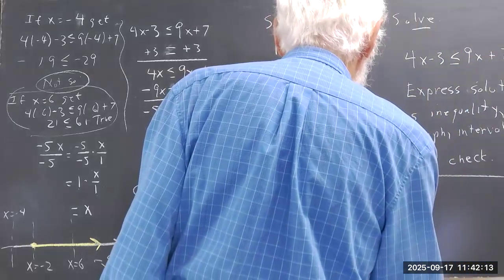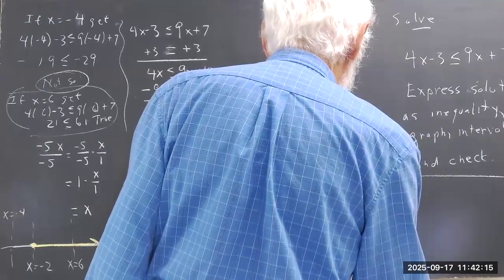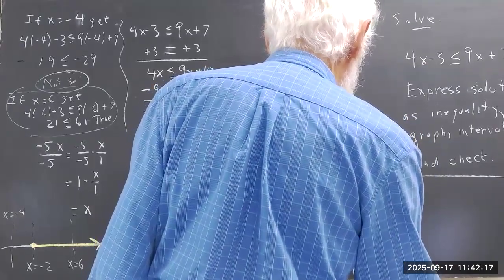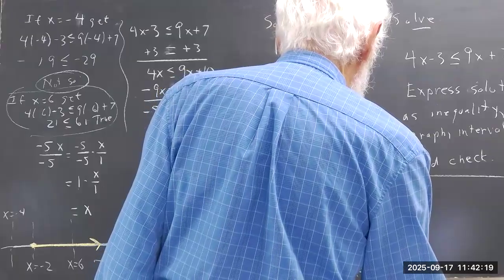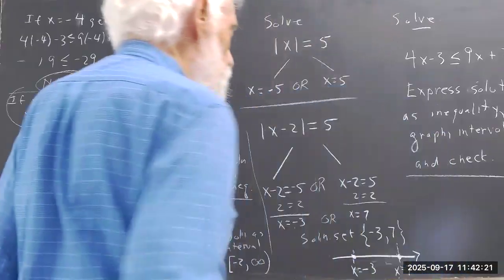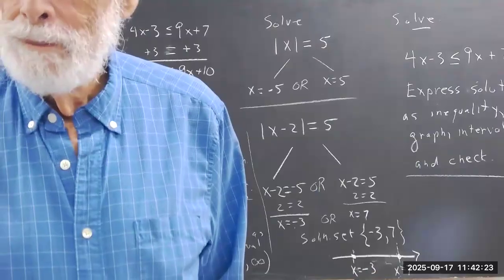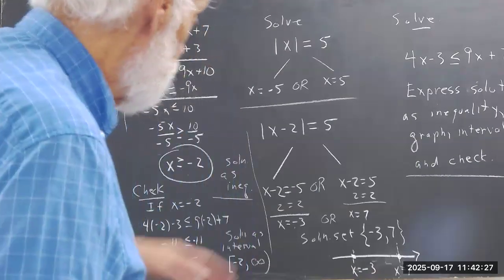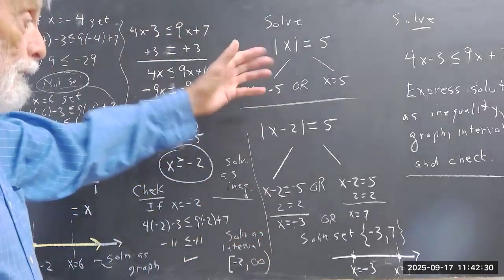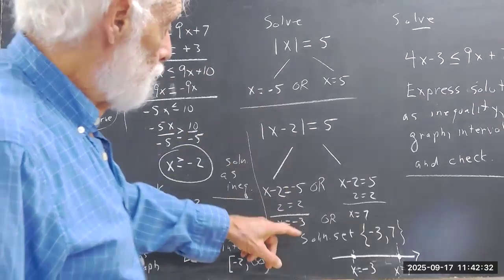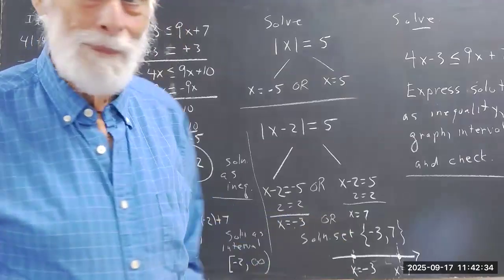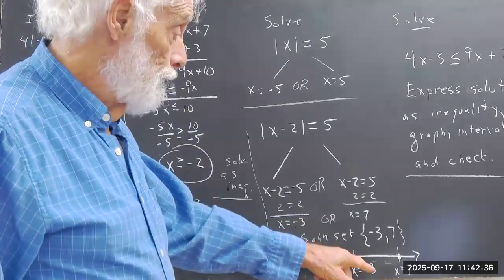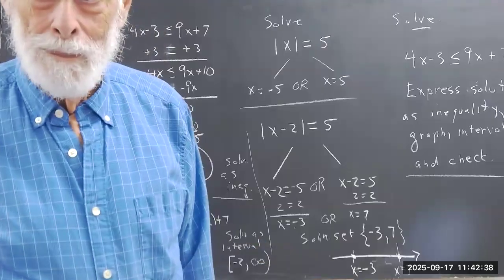And we just put a big old blob of a dot here and another one here. And there's a picture of the solution. Okay. It's important that you be able to do the picture, give the solution 3 ways. This way, or this way. Okay.